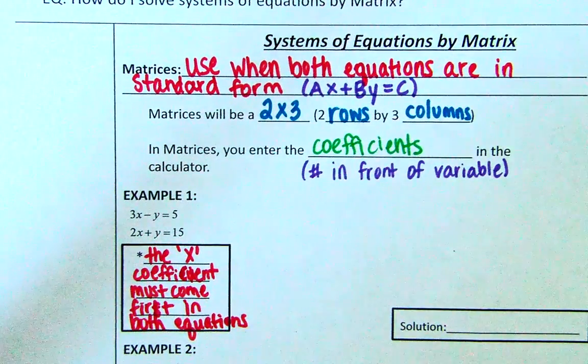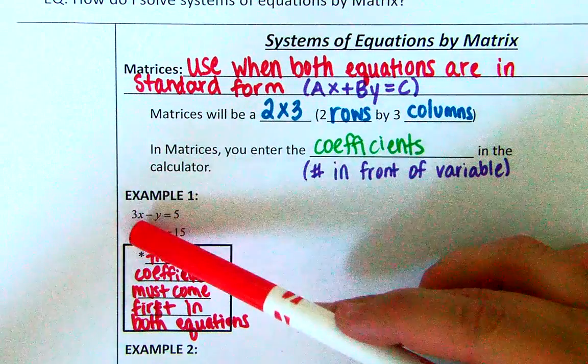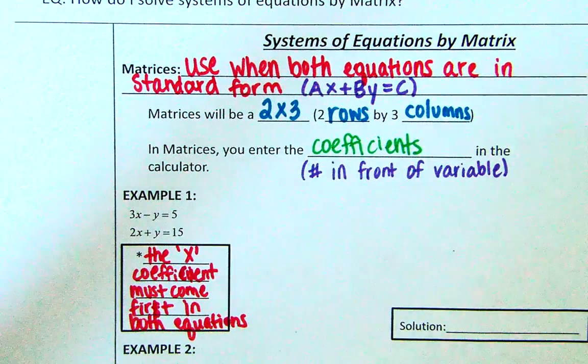So the x must come first in both equations. If we look at example number 1, our x comes first in both equations, so then we're just going to set up the matrix.